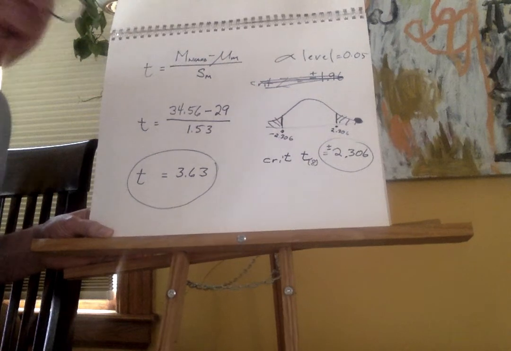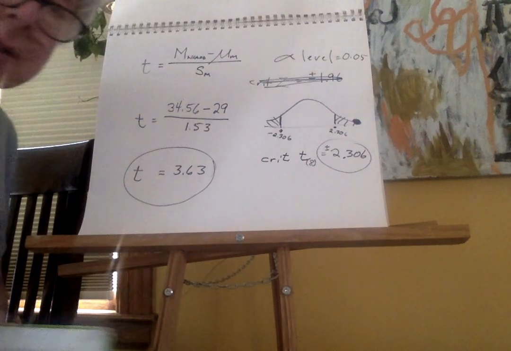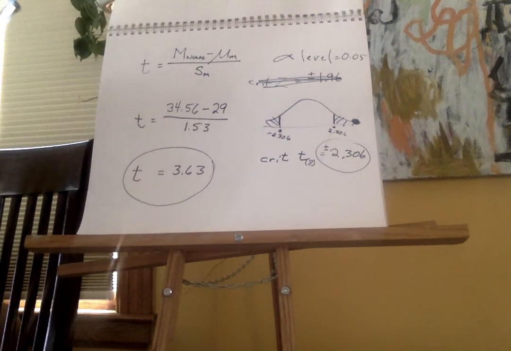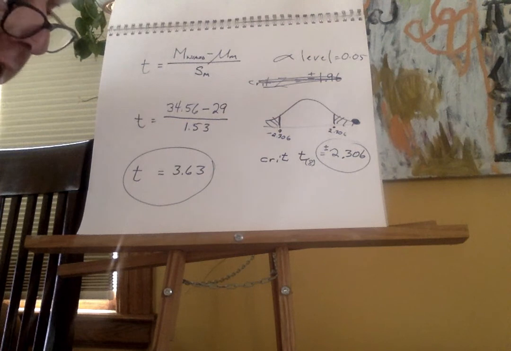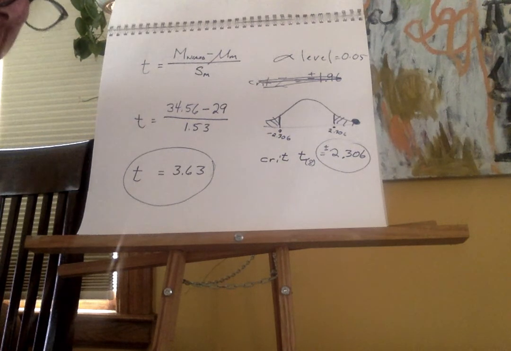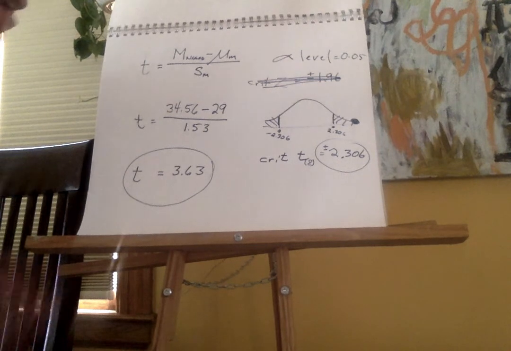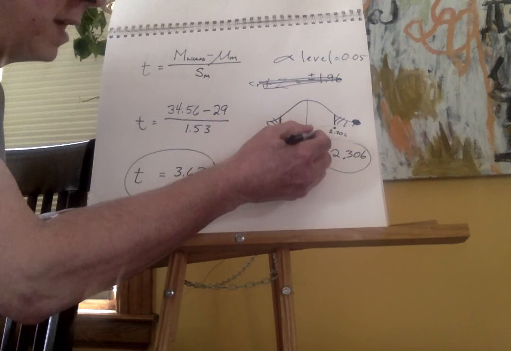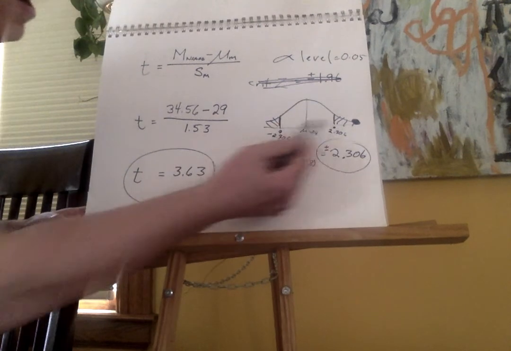And so what am I going to do with the null hypothesis? I got two options. We either are going to reject the null, or we're going to fail to reject. And I would say, this is 29 degrees.